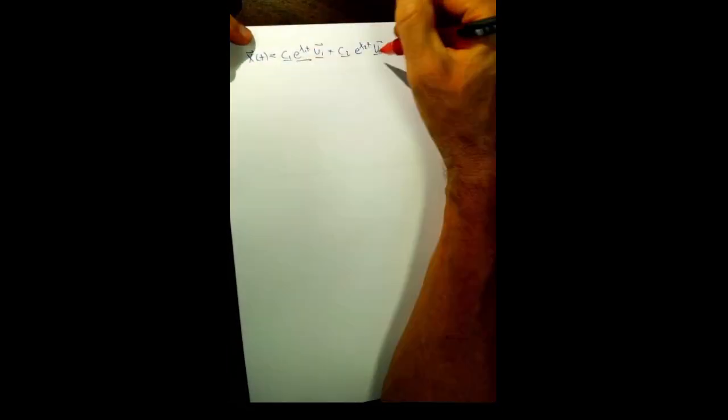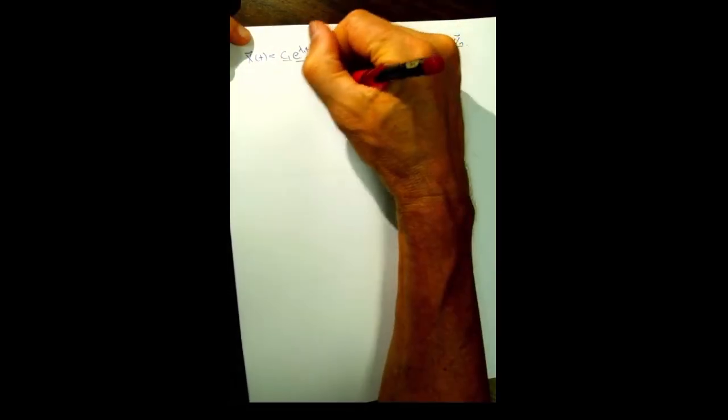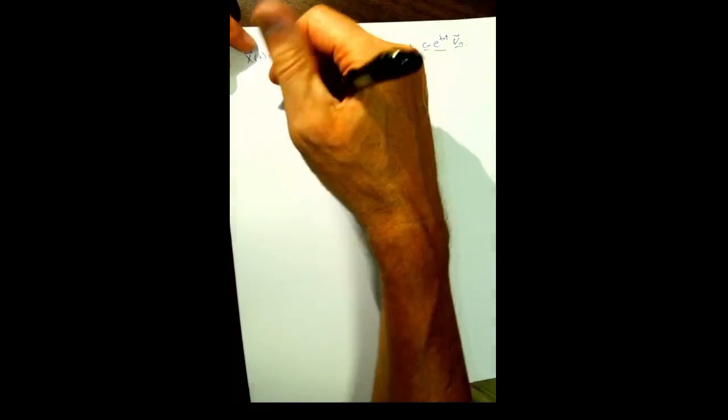So each of these v's are constants, they're constant vectors. These c's are constant scalar values. The things that are changing in time are these exponential terms. And what could happen with these exponential terms?